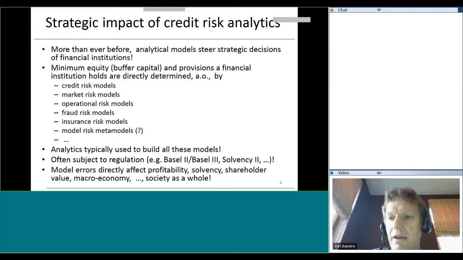So these accords are very important, since model errors, that means model deficiencies, will directly affect the profitability, solvency, shareholder value, and macroeconomy, and as such, society as a whole. The impact of analytical model errors is now bigger than ever before. That's why it is so important to make sure that your credit risk models are built in an optimal way.